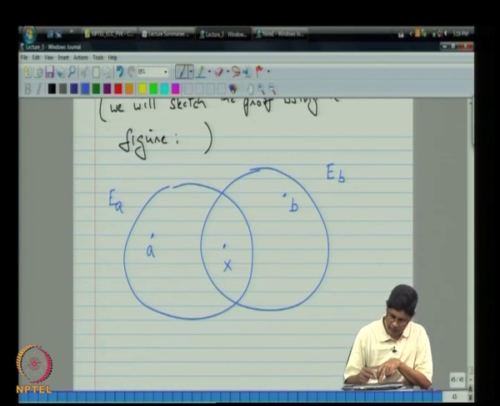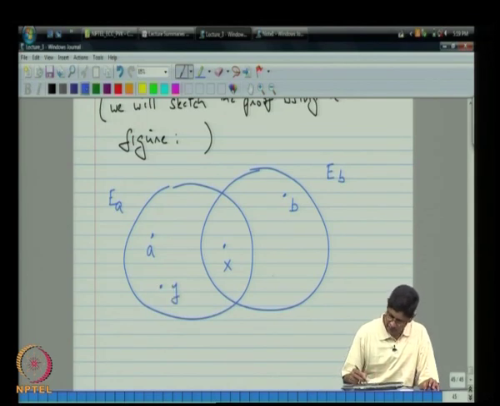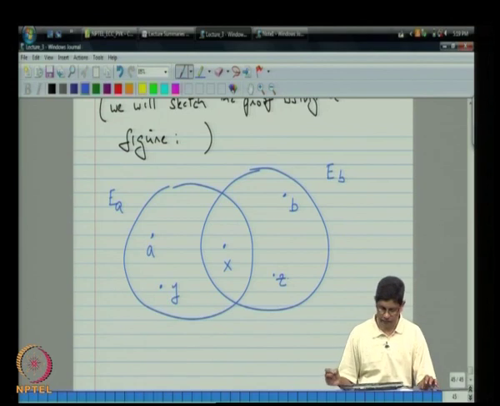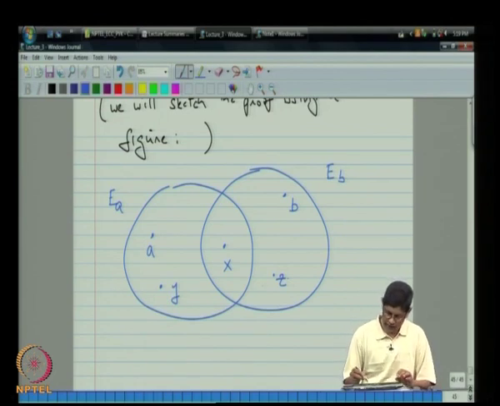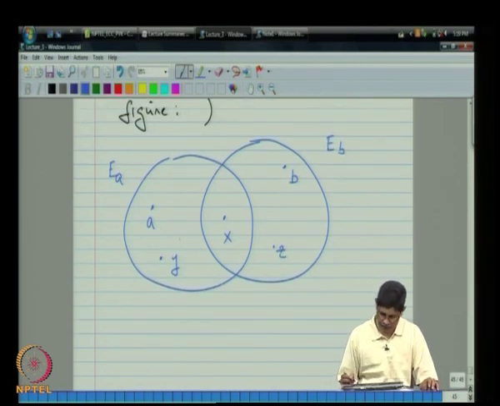So, let us say the A and B may or may not belong to the intersection. So, I am not going to use them, but let us pick two other elements. Let us call them Y and Z. Since E_A is not identically equal to E_B, this must be the case.